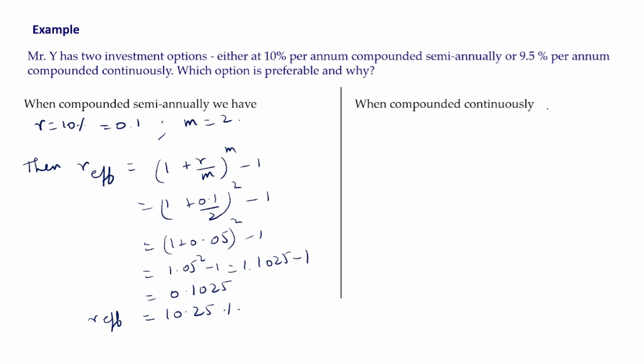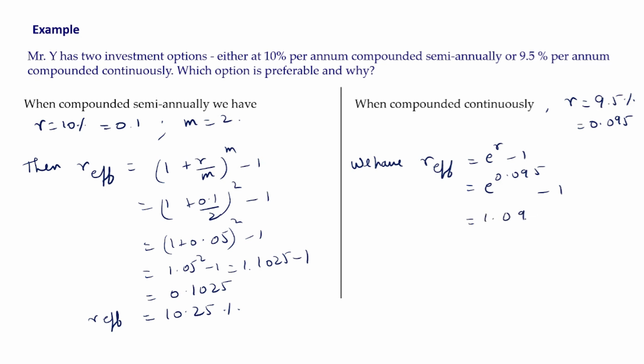Next, we have the option 9.5% per annum compounded continuously. When compounded continuously, R is equal to 9.5% or it is 0.095. We have the effective interest rate as e raised to r minus 1, or it is e raised to 0.095 minus 1. Now this e raised to 0.095, it is equal to 1.0996 minus 1.